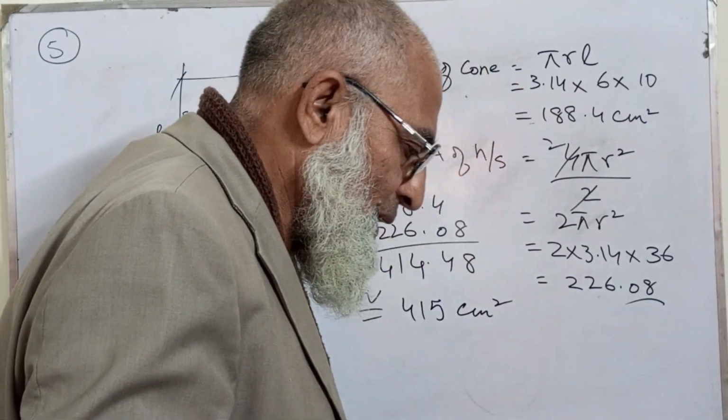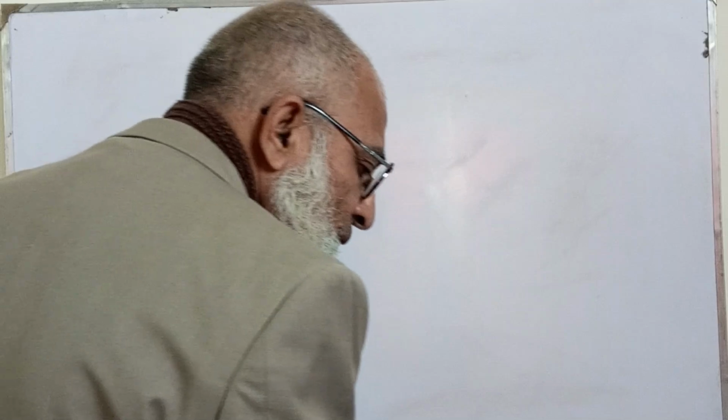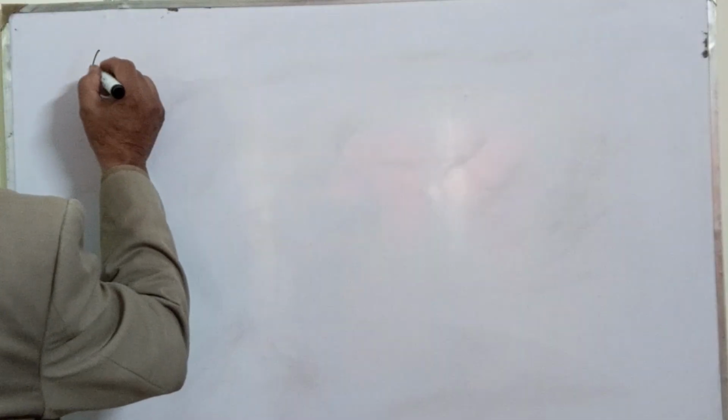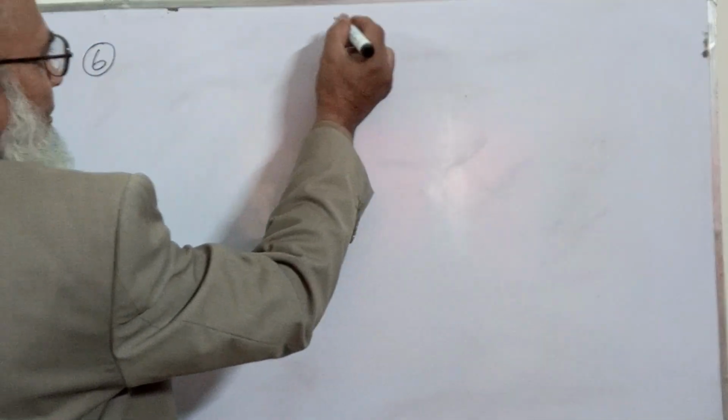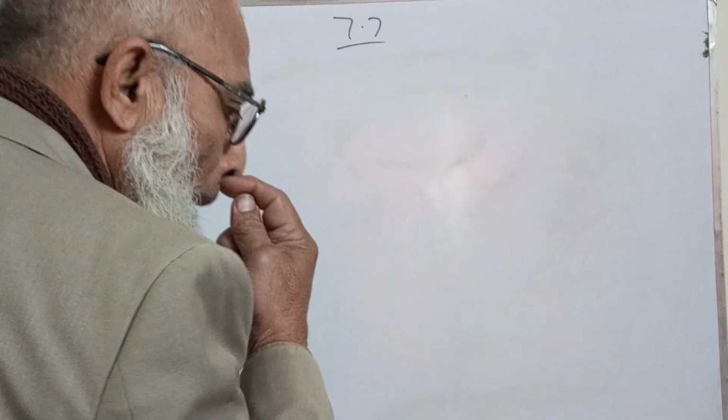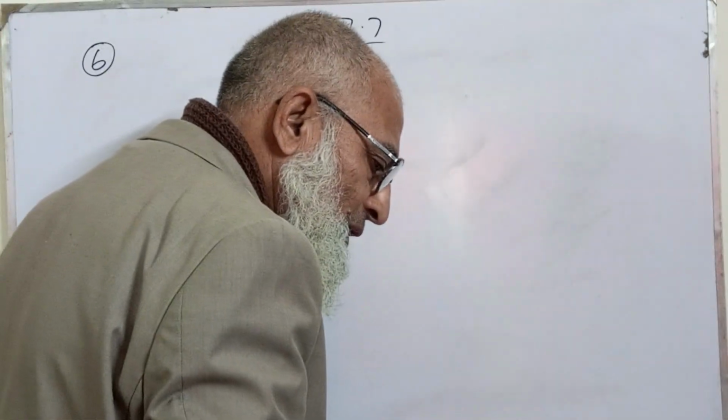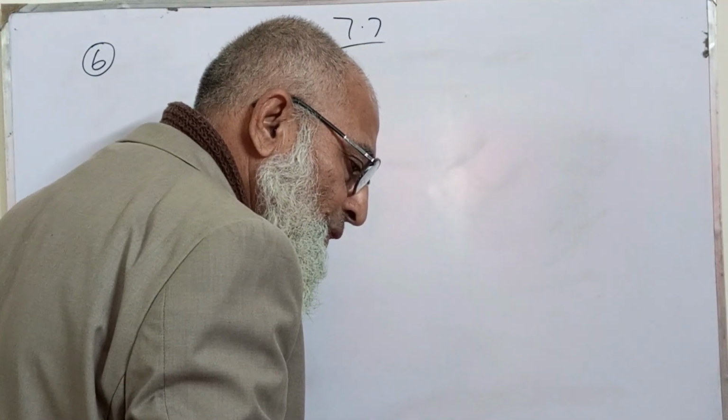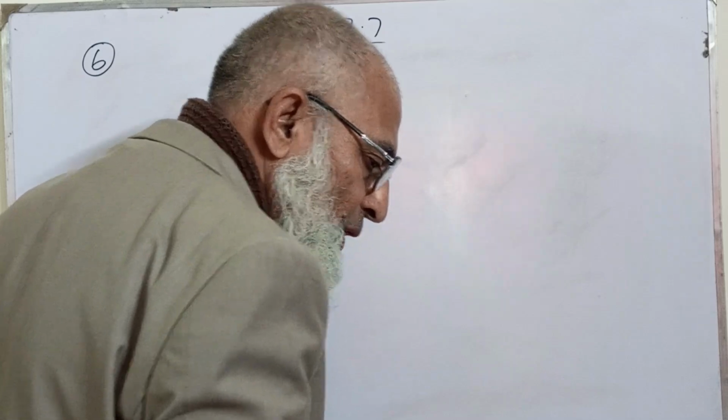Next question is the sixth question. Okay, my dear students. Question number 6, exercise 7.7, as you know. The sphere and cone shown in the diagram have the same volume.